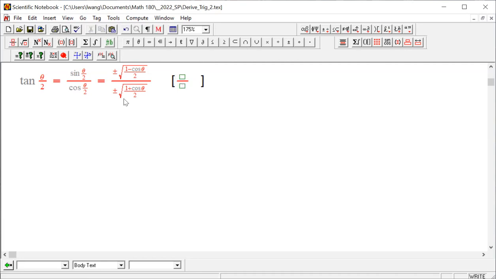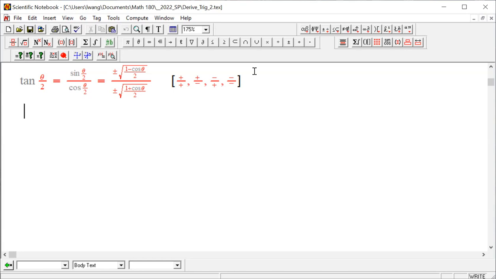It could be a plus divided by plus, a plus divided by minus, a minus divided by plus, or a minus divided by a minus. So even though we have plus minus, that indicates there are 4 cases that are possible. Therefore, we cannot cross out these 2.